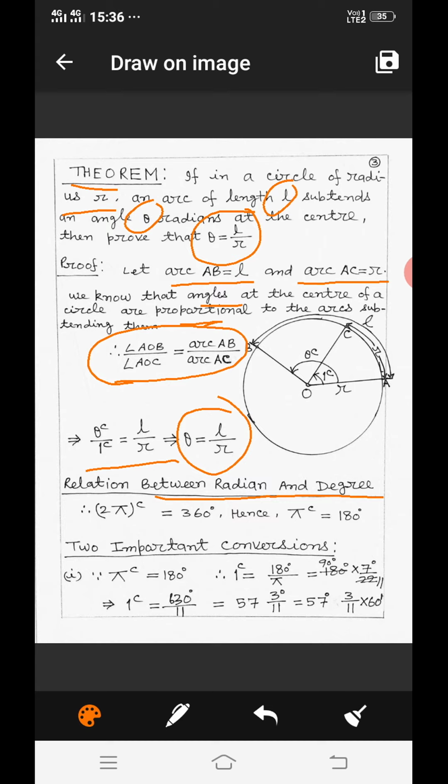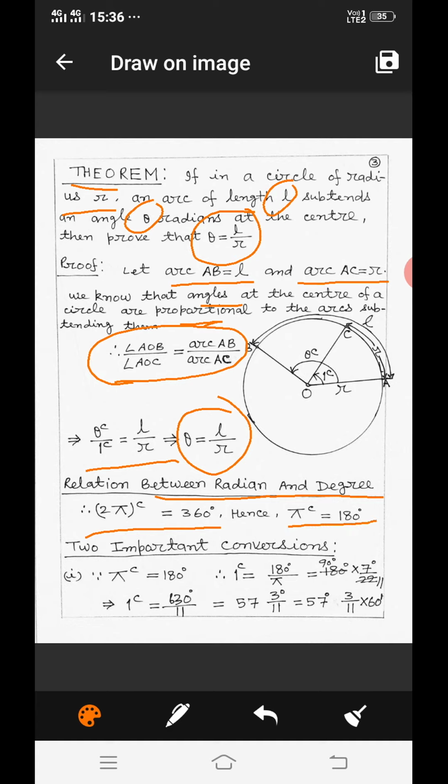Dear students, we know that a complete circle subtends at its center an angle whose measure is 2 pi radians as well as 360 degree. So 2 pi radian is equal to 360 degree, hence pi radian is equal to 180 degree.